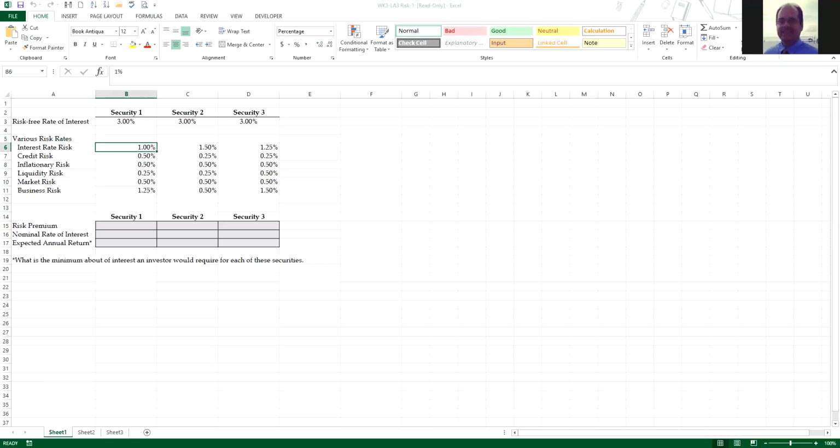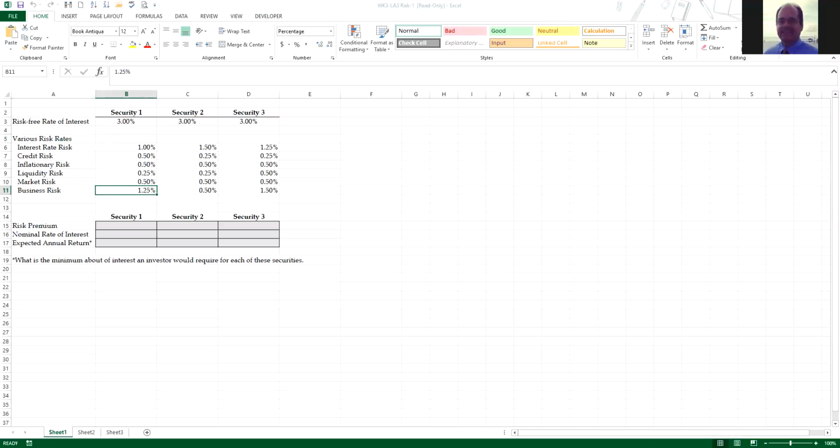The risk premium are the various risk rates that are the components of the total interest rate. So as you see here, these rates, the 1% all the way down to 1.25 here on the bottom, are all components of the risk premium.